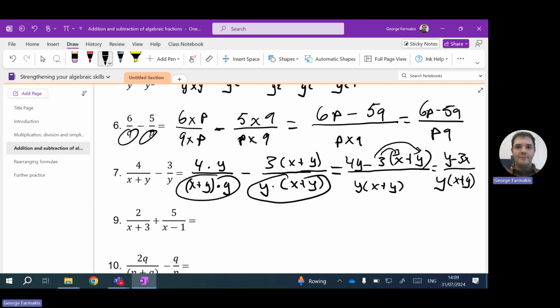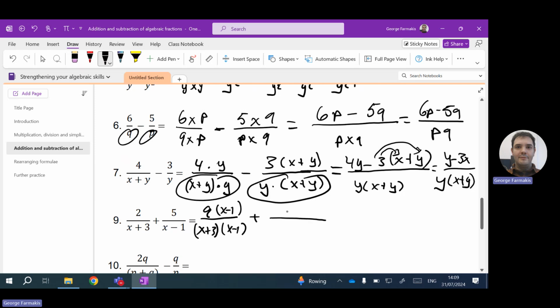Okay, let's do example 9. Again, we have different denominators. So what is the idea? We write the first fraction, 2 over x minus 1. We multiply with the denominator of the second one, so x plus 3 over x plus 3.